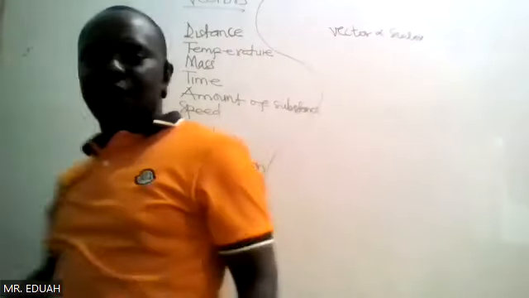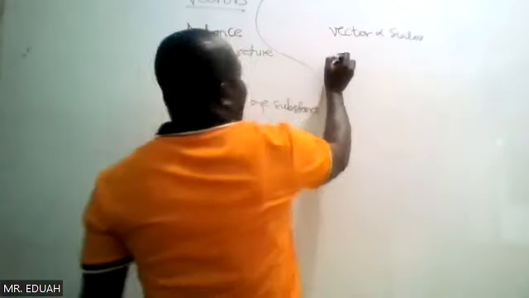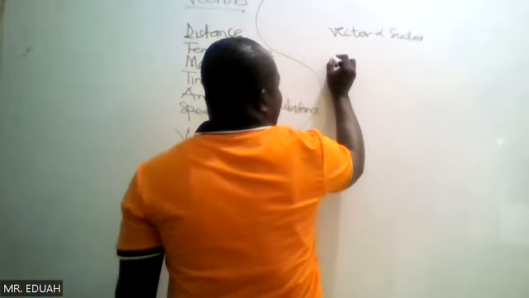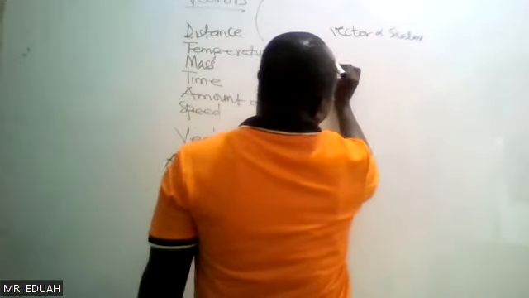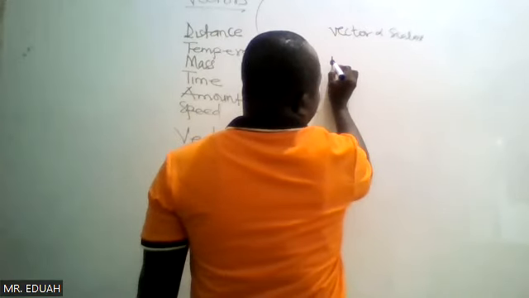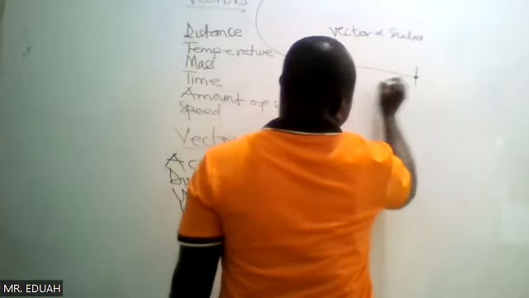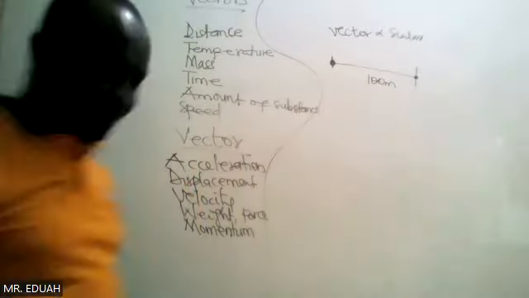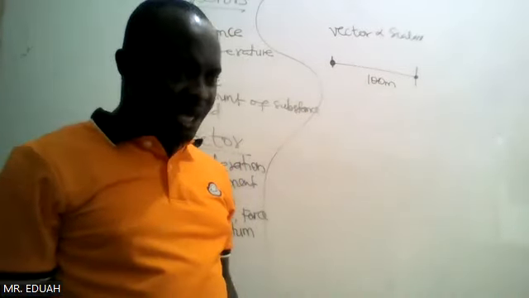A distance of 100 meters is just the interval between the starting point and the ending point, measuring 100 meters from this point to this point. This is just a quantity.